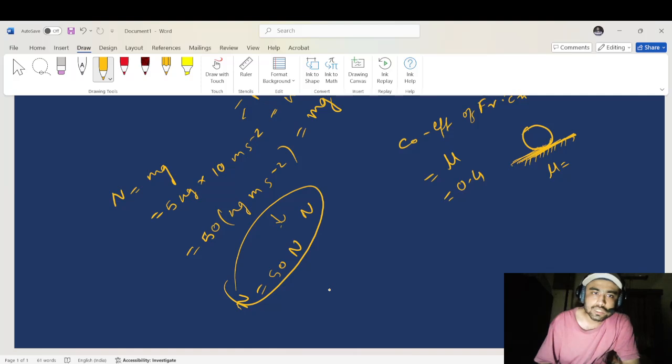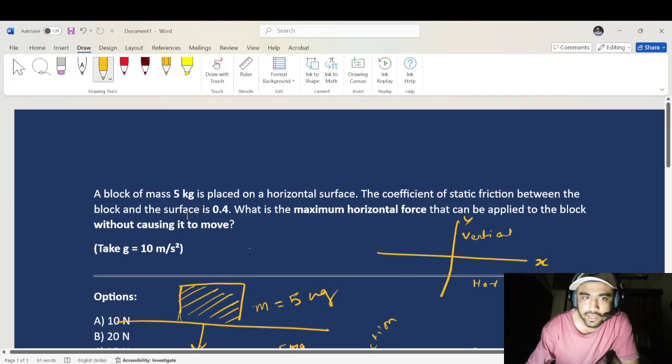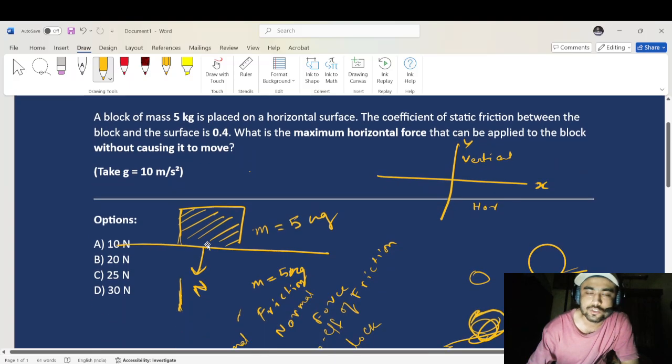Now what it is basically asking is: what will be the maximum horizontal force that can be applied to the block without causing it to move?